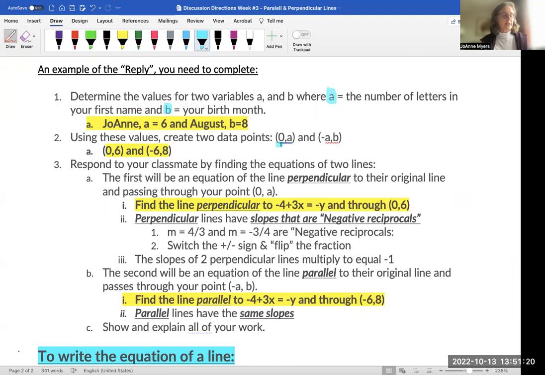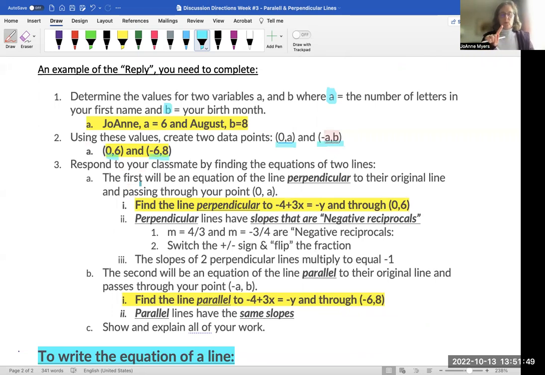And then we're instructed to use these 2 ordered pairs, 0, A, which in my case is 0, 6, and then the opposite of A, which would be -6, comma B, which would be 8. So these are the 2 points that I'm supposed to use in my reply. So respond to your classmate, step 3 here. Respond to my classmate by finding the equations of 2 lines.